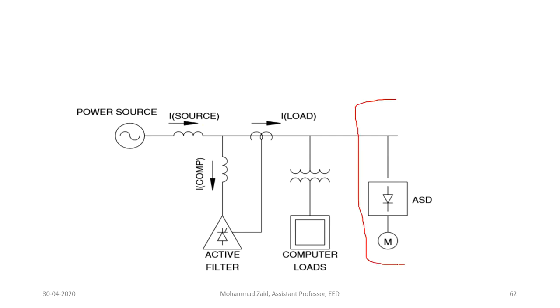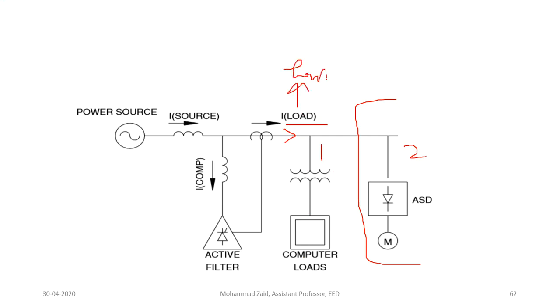Suppose these are the two non-linear loads: one is a computer load, another is an adjustable speed drive. The current drawn here, the load current, will have harmonics.